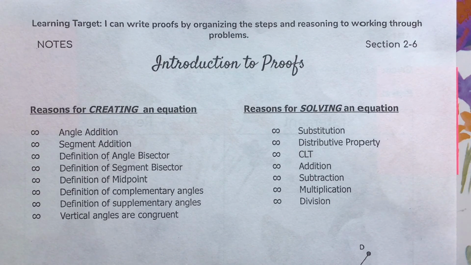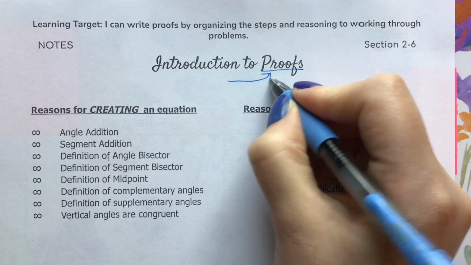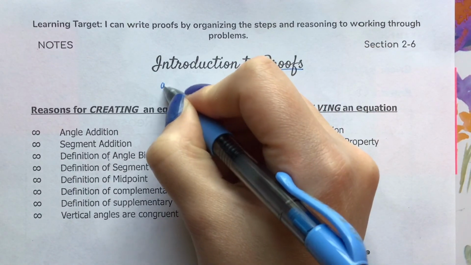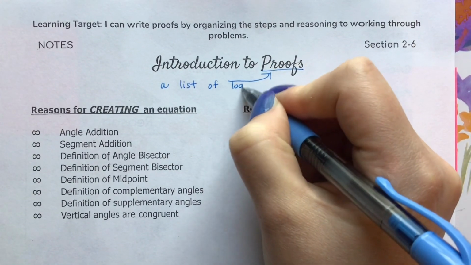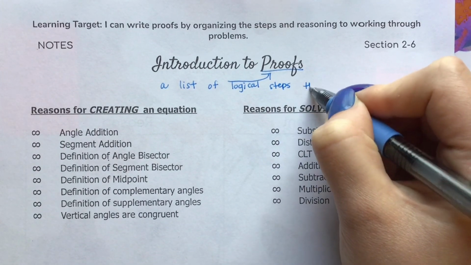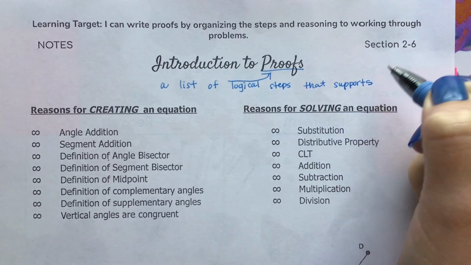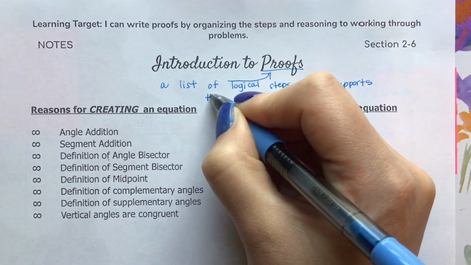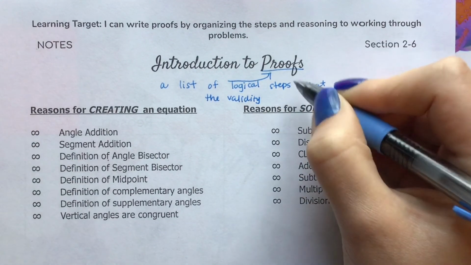So first of all, I just want to talk about what a proof is. A proof is basically a list of logical steps that supports the validity of problem solving.